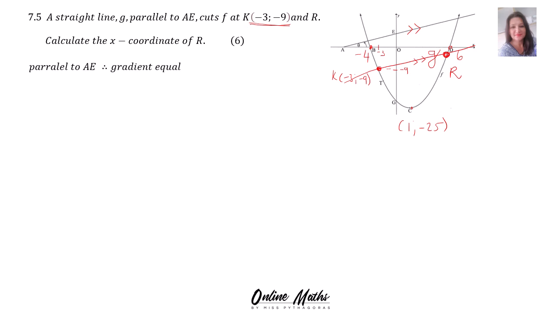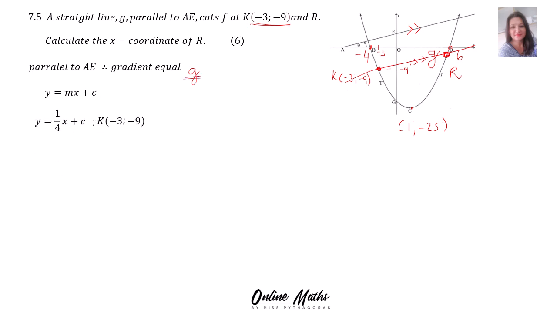First of all, when we find the equation of G, the straight line, we know now, they told us, that these two lines are parallel and therefore the gradients are the same. So I'm going to substitute into y is mx plus c. Why this one? Because we are finding G, a straight line.